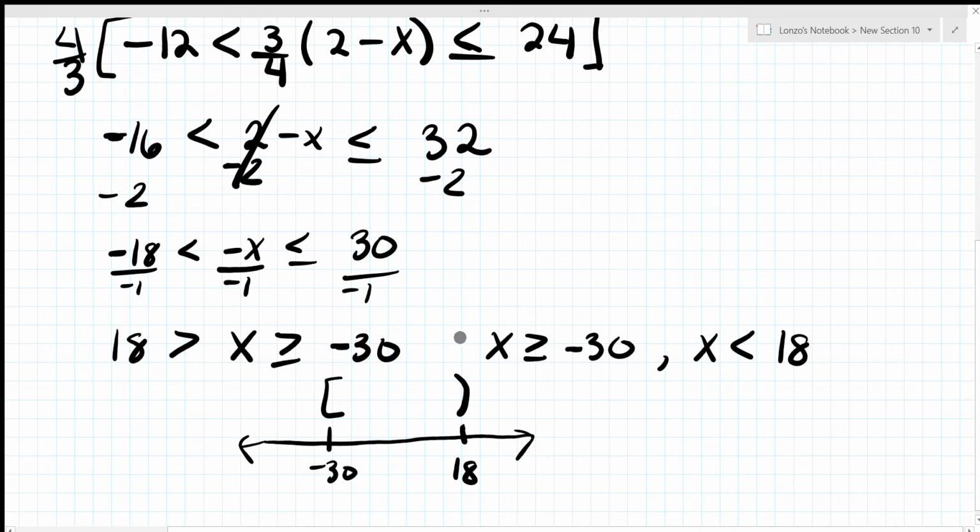Now x is greater than, so we move to the right, and x is less than, so it connects and looks something like this. Or you can also use a dark circle and an open circle, and then connect the dots. That's the same thing. So, yep, that wraps it up for this section.